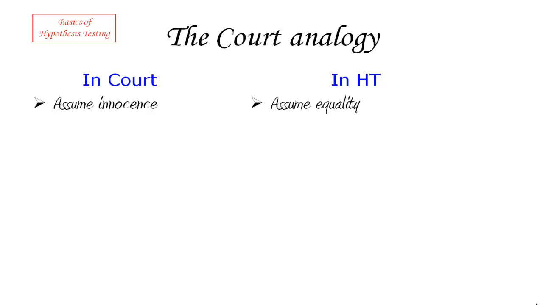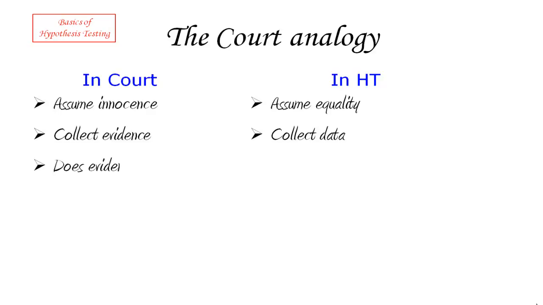So we're going to assume that a certain equality exists. Some parameter is equal to a certain value, or maybe two parameters are equal, or one parameter is equal in two different populations. But in either way, there is an equality. In the court then, evidence is collected by the police, by the defendants, and whatever. In hypothesis testing, of course, we're going to collect data.